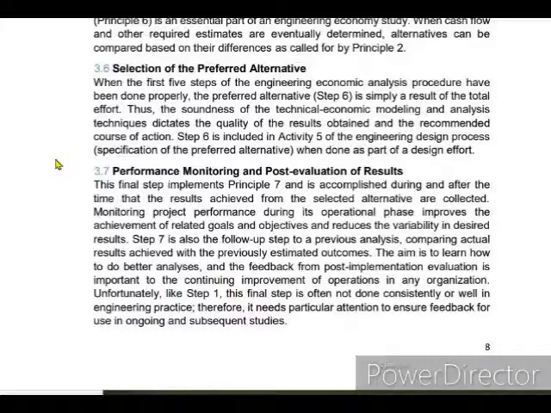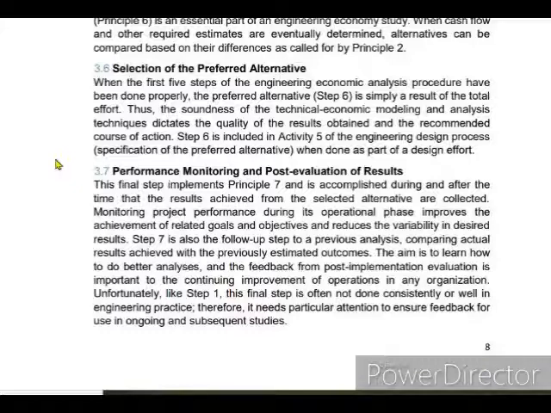So you will notice here an outcome to outcome evaluation. We will not stop here until we get the best outcome. We will not stop evaluating. The aim is to learn how to do better analysis, and the feedback from post-implementation evaluation is important to continuing improvement.